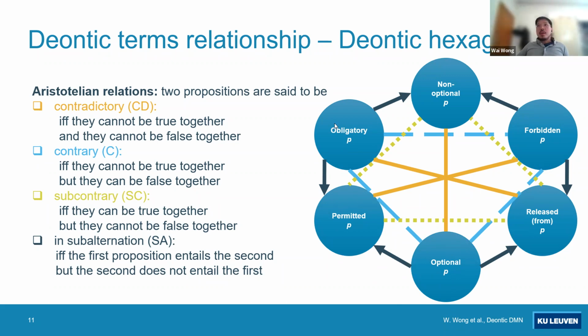Another more interesting idea is the contradictory relationship, which specifies that if one is true, the other must be false, and if one is false, the other must be true. So they cannot be true together and they cannot be false together. This relationship is easily seen in permission and prohibition, or forbidden.